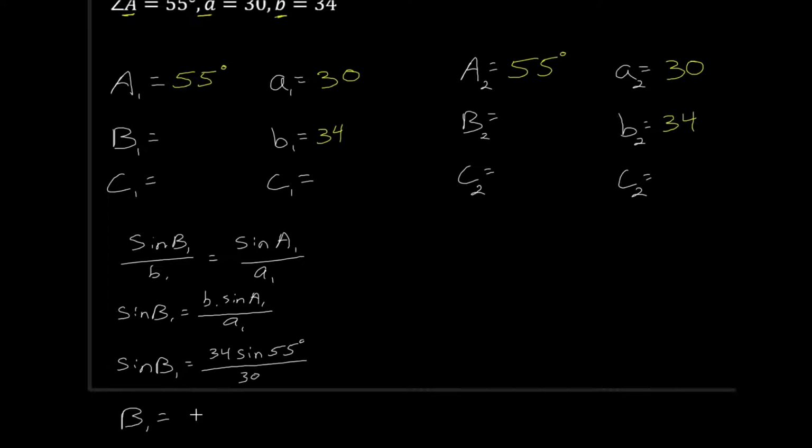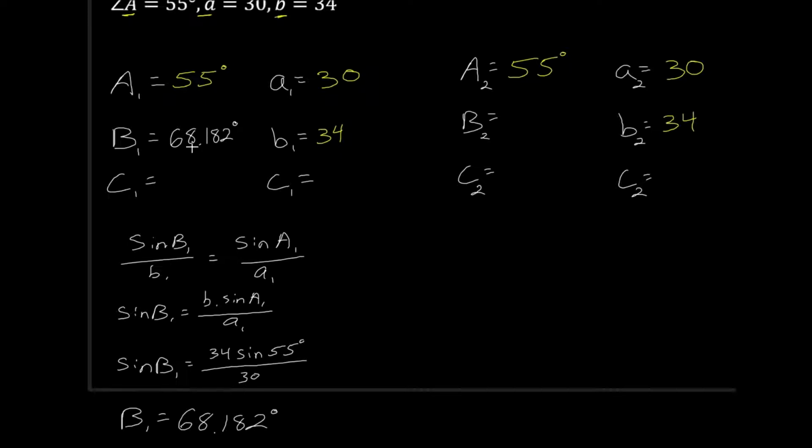So I find out that my angle B1 is 68.182 degrees. So when I write it down, I like to write to the third decimal place, but if I'm ever going to use this angle again, I'm going to make sure to use the whole length of it.